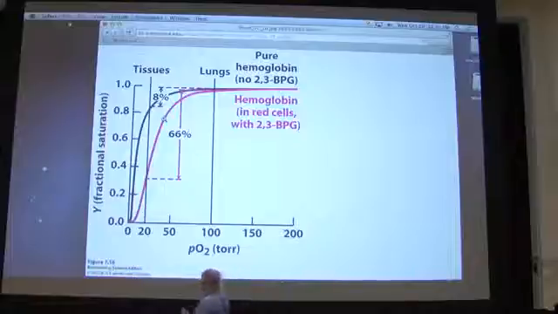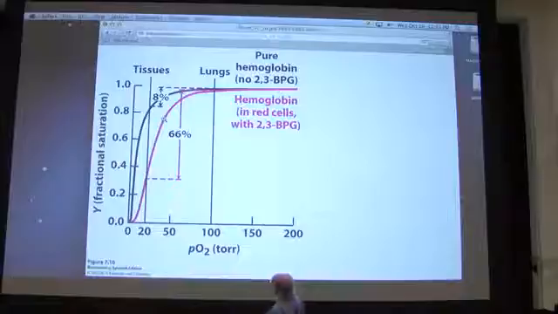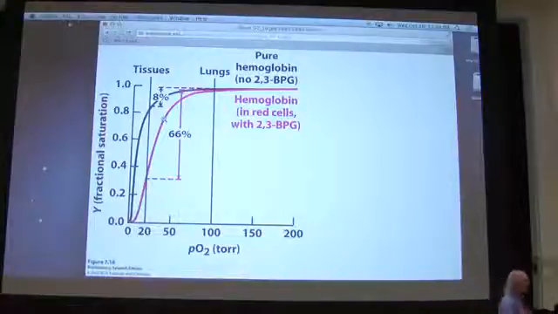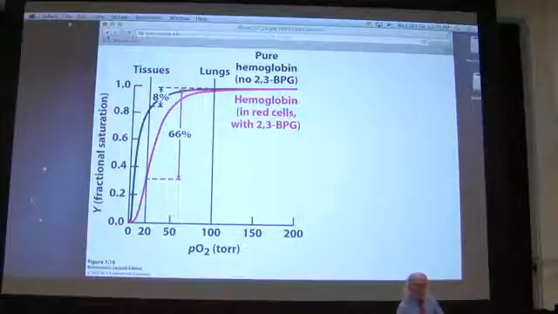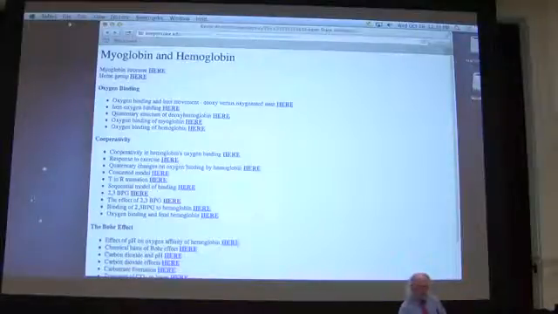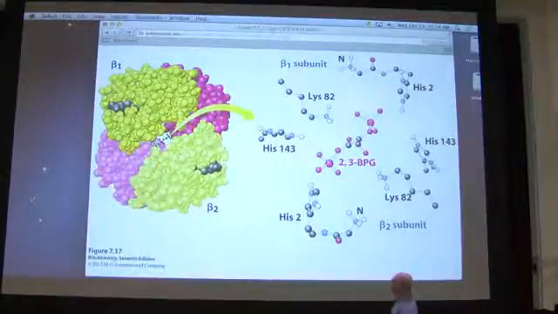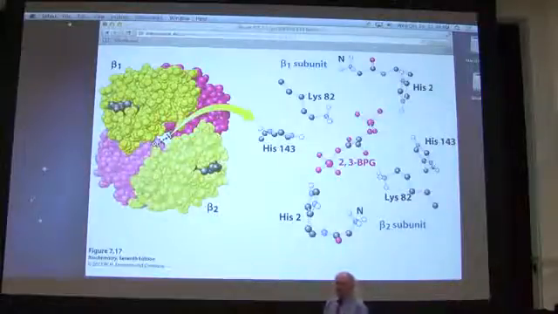As it shifts to the right, it means that it is going to bind to oxygen in a different way, and moving to the right means it's going to be more likely to let go of oxygen than when there's no 2,3-BPG there. So 2,3-BPG favors the release of oxygen. Here, this shows the structure of that donut, and now you can see 2,3-BPG superimposed in the middle of it, exactly holding the thing together.